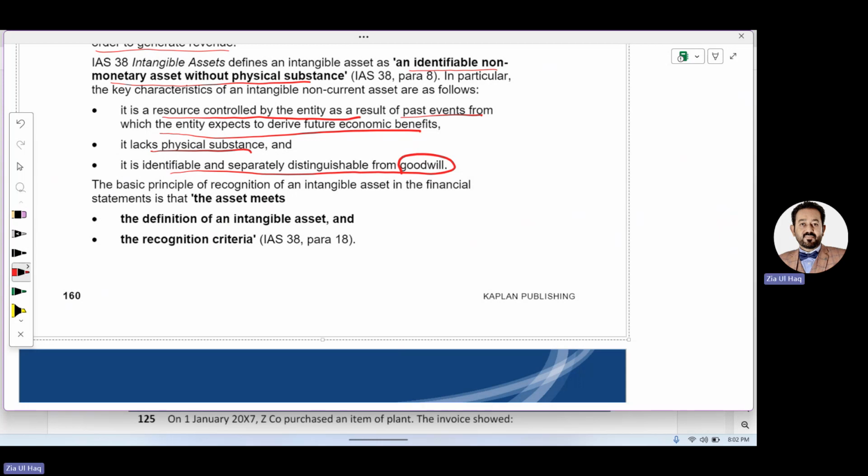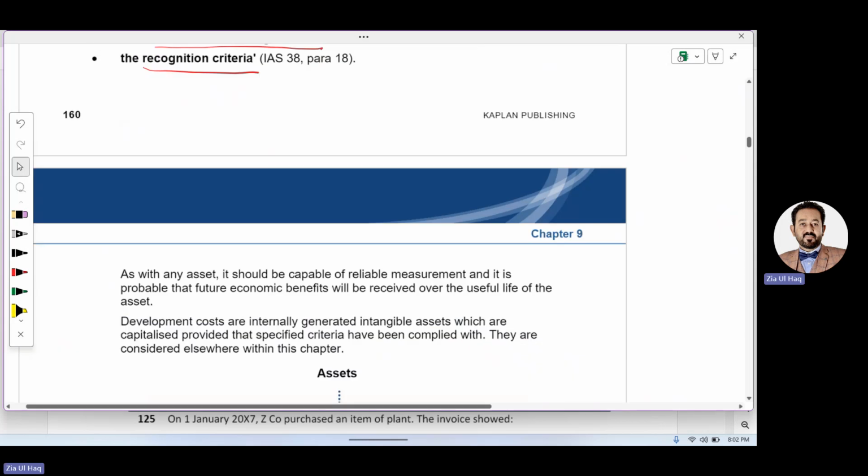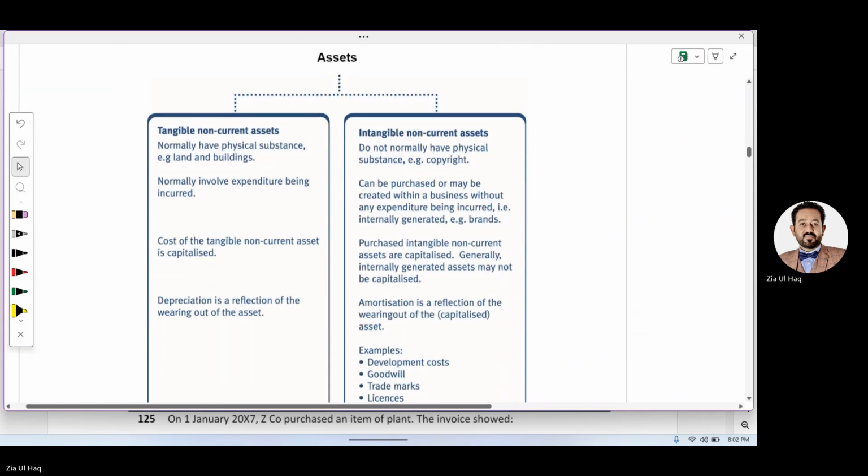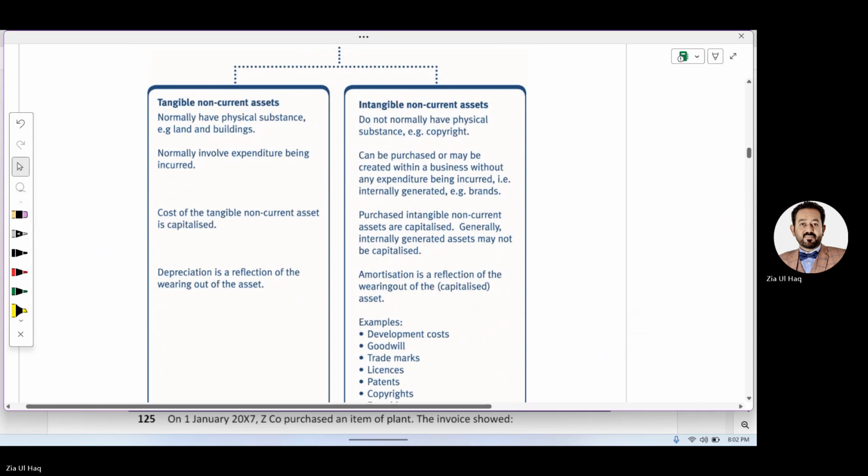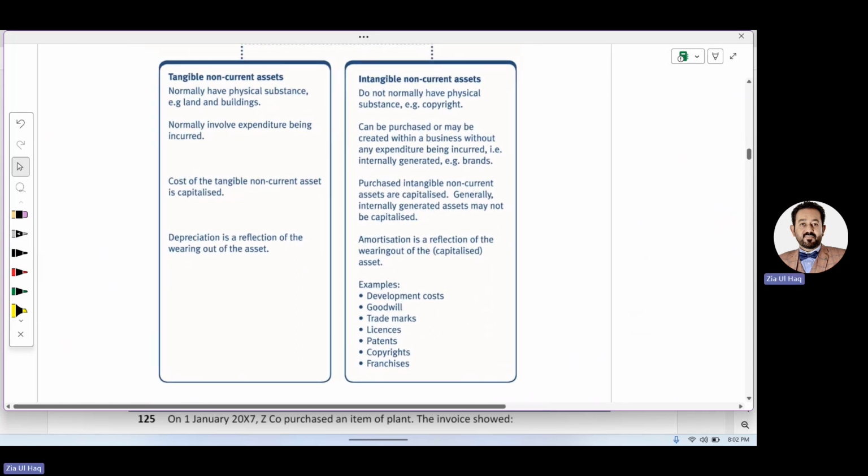The basic principle of recognition of an intangible asset in the financial statements is that the asset meets the definition of an intangible asset and the recognition criteria. Assets are of two types: tangible and intangible. Tangible assets normally have physical substance, like land and building, normally involve capital expenditure, and the cost will be capitalized and depreciated over their useful life.